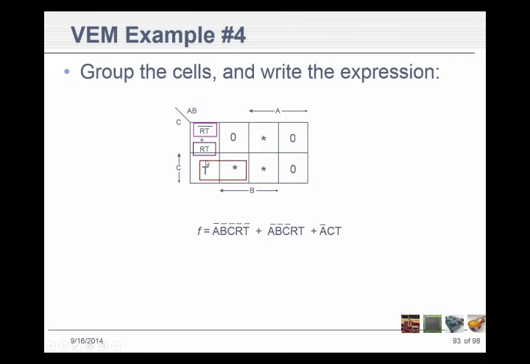This C and not A and the T. This is all by itself. It's not A, not B, not C. And then we can AND it with this R not and T not, and we can AND it with the R and the T. Kind of messy, but that's the best we get on this one.